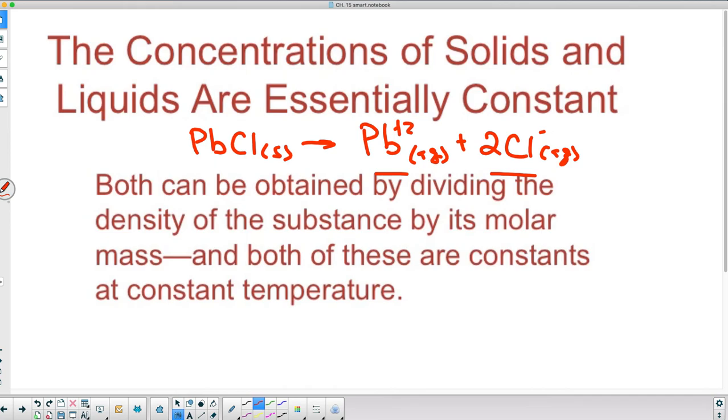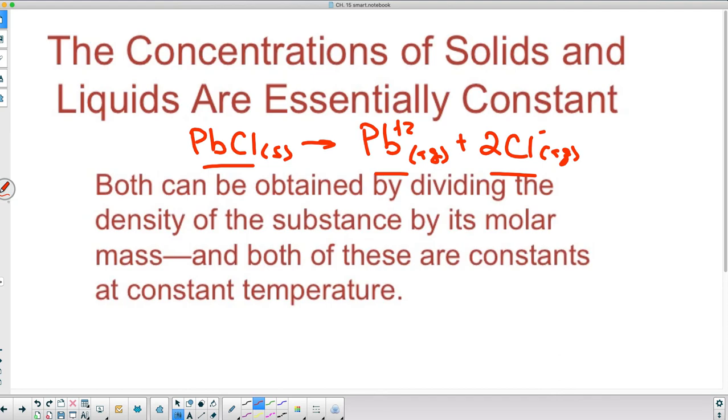Now, when we talk about the actual solid though, the concentration of this solid does not change. Remember, concentration is the number of moles per liter. So if we're talking about a pure solid or a pure liquid, the concentration is essentially 1. It's 100% the solid.